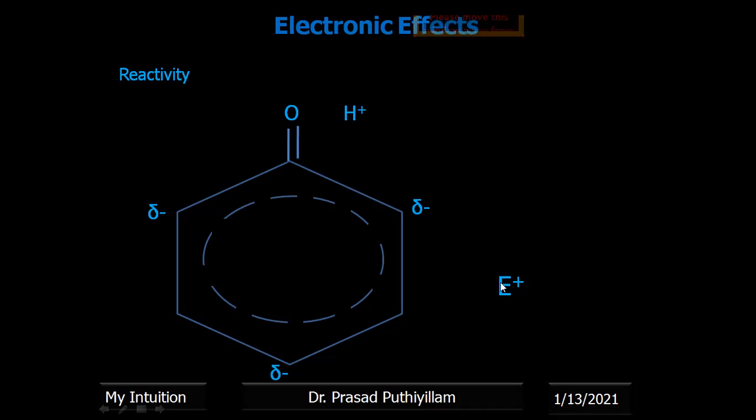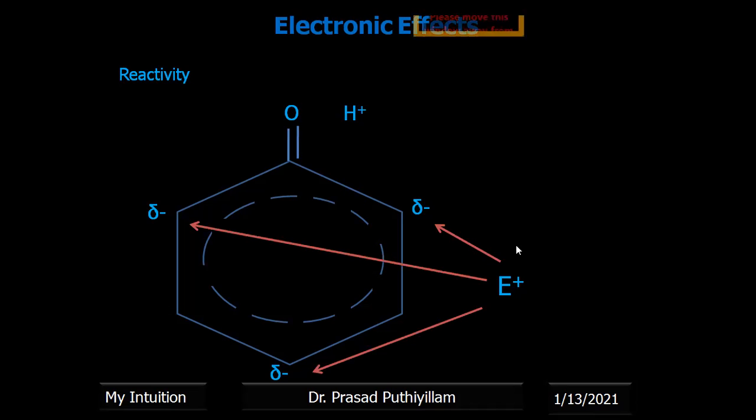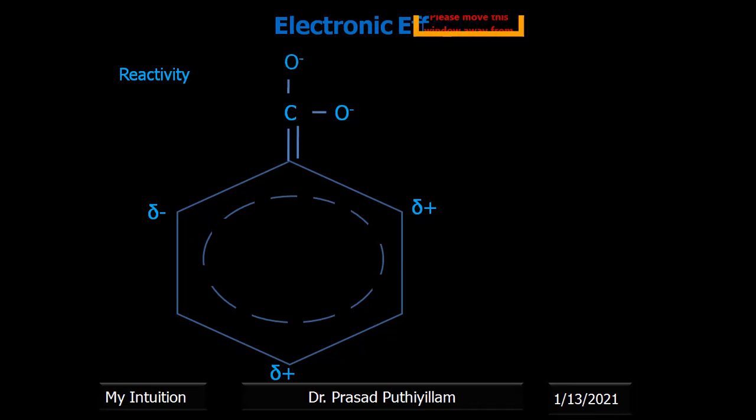An electrophile is a species having a positive charge, or an electron-seeking molecule. When it comes to react, it can attack the two ortho as well as the one para position. Therefore, the reactivity can be explained with resonance stabilization or electronic effects.